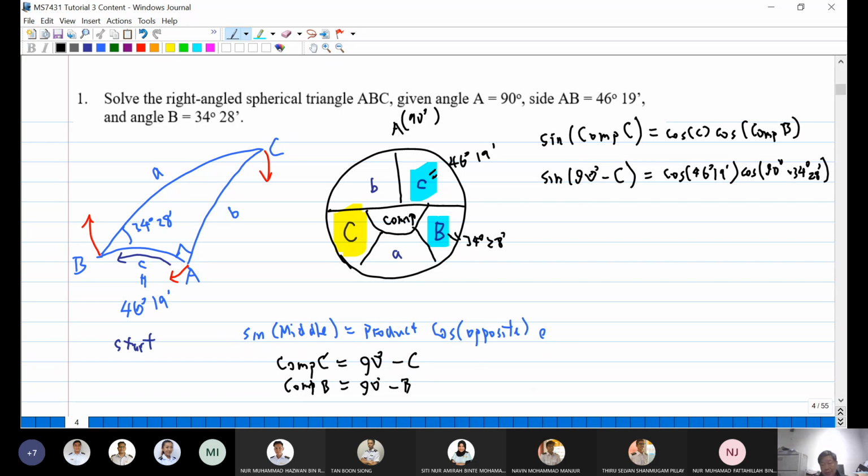Okay, so then you can press the calculator. Let's calculate slowly first. This is cosine 46 degrees 90 minutes, and this is cosine of 90 minus 34, so you get 90 degrees minus 34 degrees 28 minutes here.